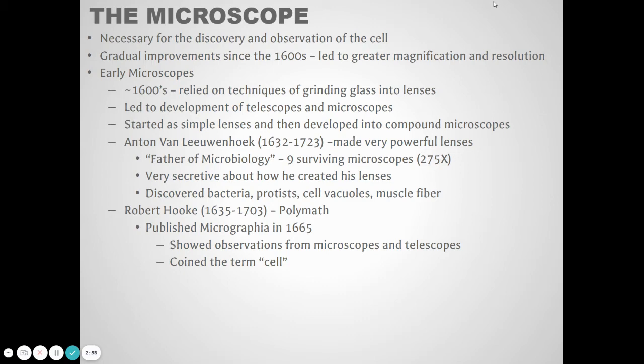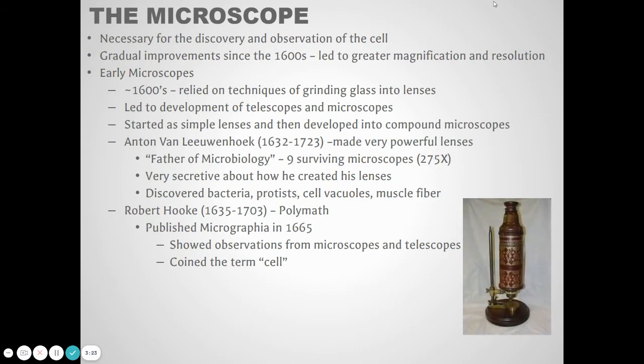Only 9 of his microscopes are left that we have today. And these microscopes that he made way back then in the 1600s could magnify an image up to 275 times. That was great for the technology that he had. He discovered bacteria. He discovered protists and vacuoles and muscle fibers, all sorts of different things.